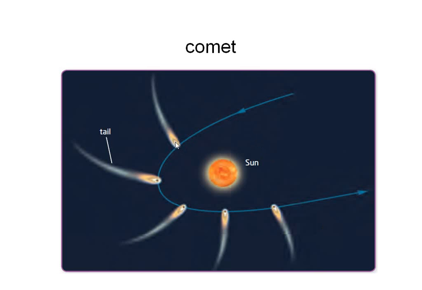Actually, the origin of meteoroids, meteors, and meteorites is comets. So what is a comet? A comet is an object that moves around the sun, but it has a very long elliptical orbit. When it is far away, we cannot see it, but when it comes close to the sun, then we can see it.